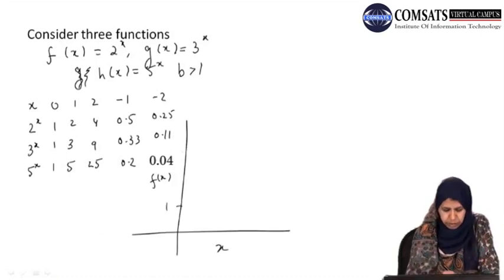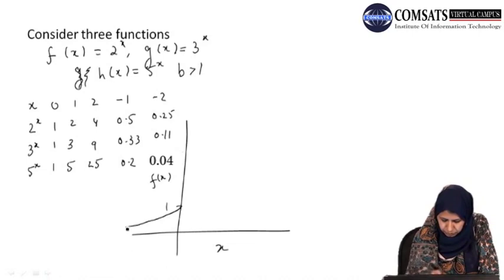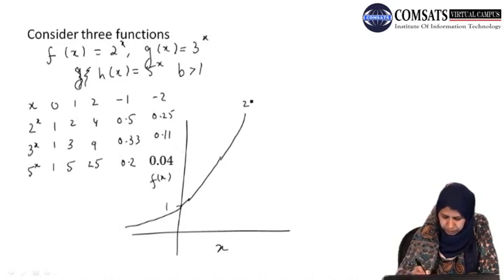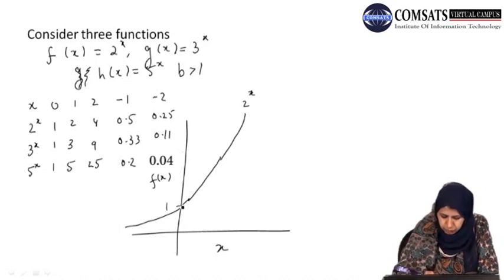Okay. First we plot the graph of 2 to the power x. This was like this, and then going this way. Okay, now we plot the graph of 3 to the power x. It also passes through 0, 1.